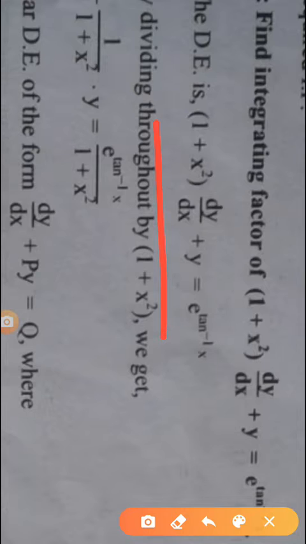Directly it is not in the form of a linear differential equation. So we divide throughout by 1 + x². Why do we choose to divide both sides by 1 + x²?